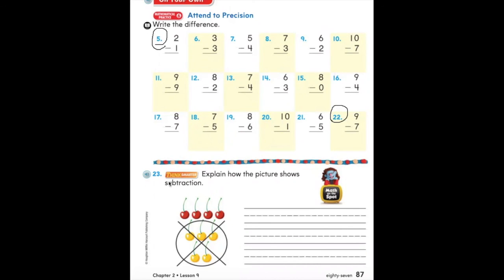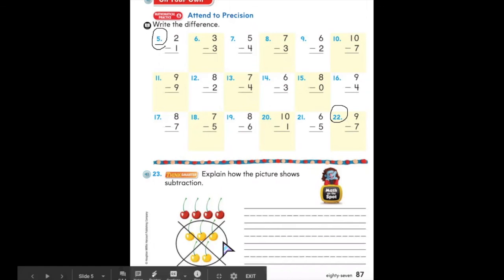After that, number 23 will be a writing problem. So it says, explain how the picture shows subtraction. That means you are going to use your words to write how this picture shows that you're subtracting cherries. Remember to take a picture of page 87 and submit it here on Seesaw.